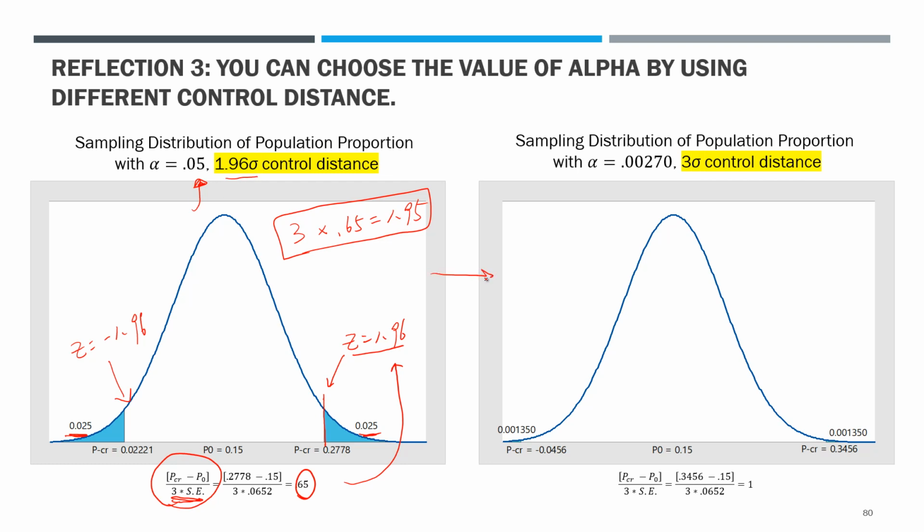However, if you move on to the control limit application, a lot of times we're using 3 standard deviations as a control distance. In that case, our alpha will be squeezed to what? If you add this probability and this probability together, the alpha is 0.00270. So under 3 sigma control distance, our alpha is much smaller than under 1.96 control distance, which has an alpha value of 5%.